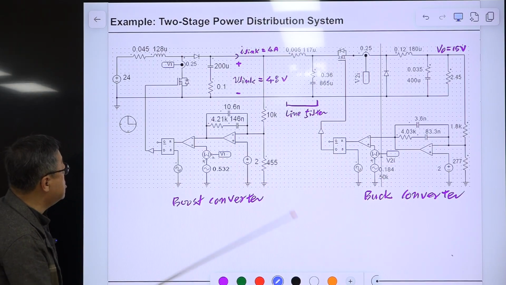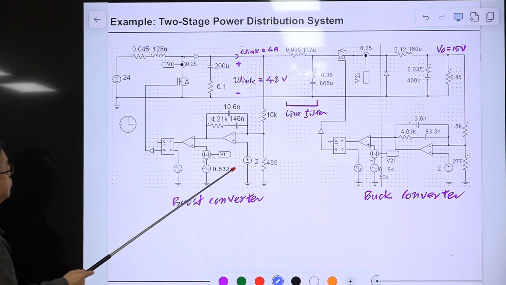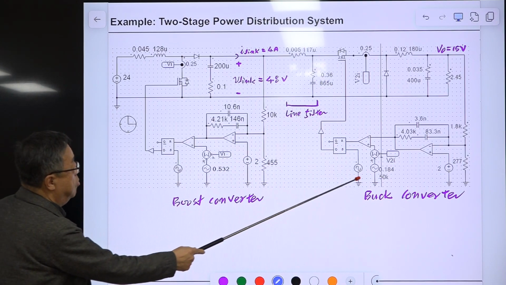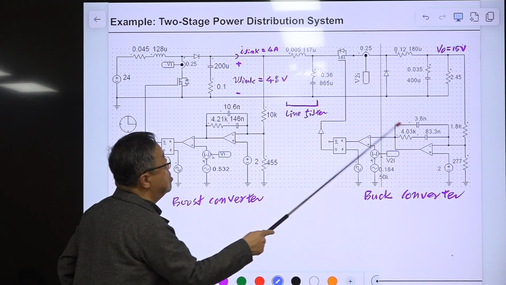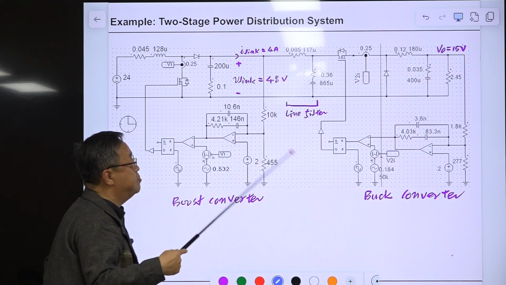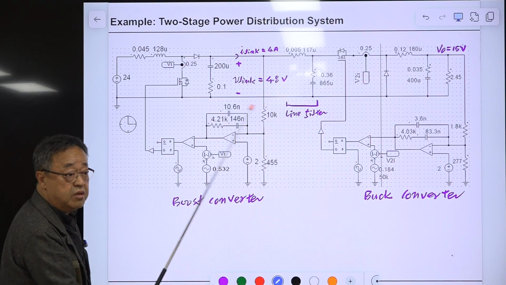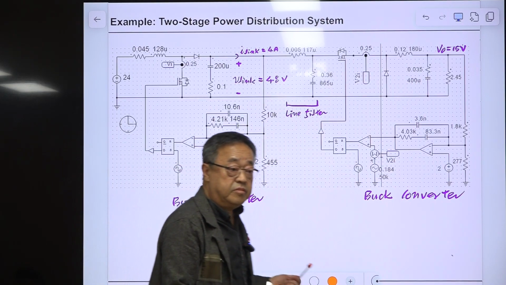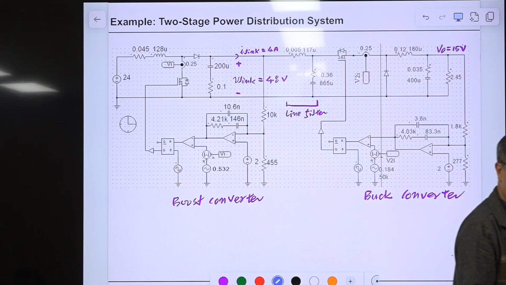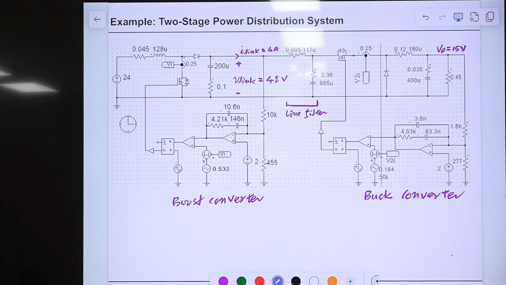So this is a current mode controlled boost converter and a current mode controlled buck converter. Probably I provide the PSIM model for this, but it is not working in the license-free version of PSIM. There are too many components or nodes, so it's not working.